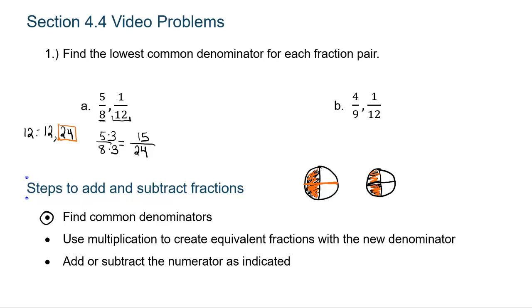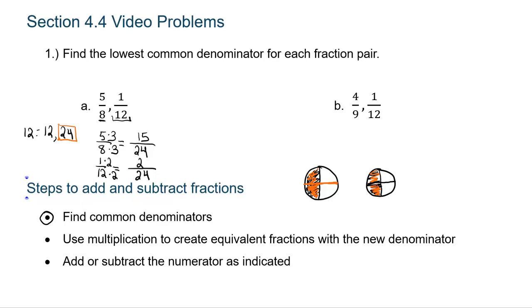Now I need to do the same thing for 1/12. So I have 1/12. We need to find an equivalent fraction that also has a denominator of 24. And I do 12 times 2 to get 24. If I do that to the bottom, I have to do it to the top.